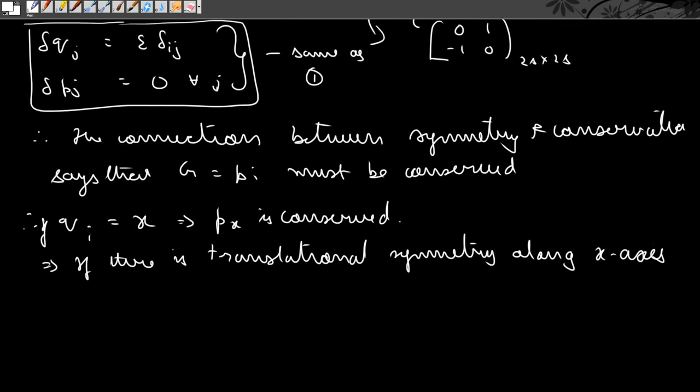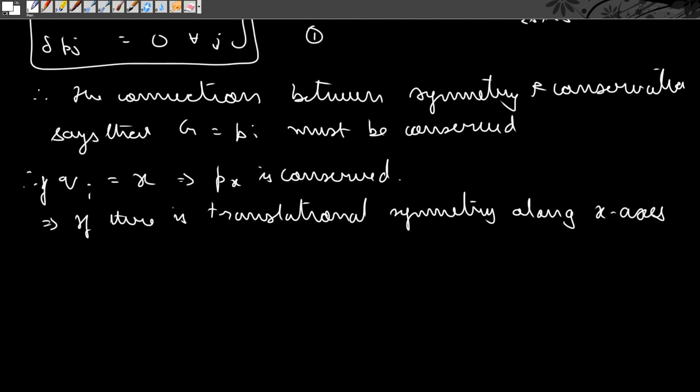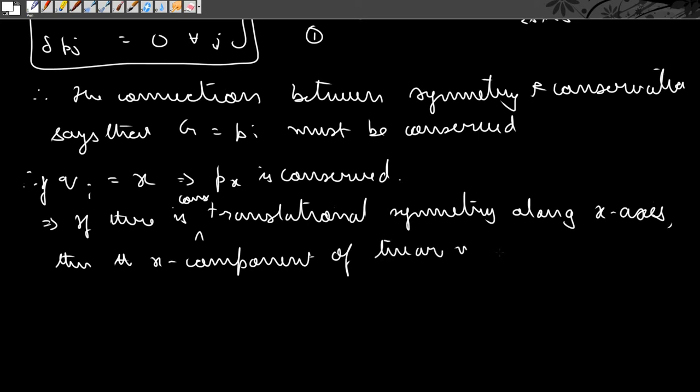So therefore if there is continuous translational symmetry along x-axis, okay, then the x component of linear momentum is conserved.